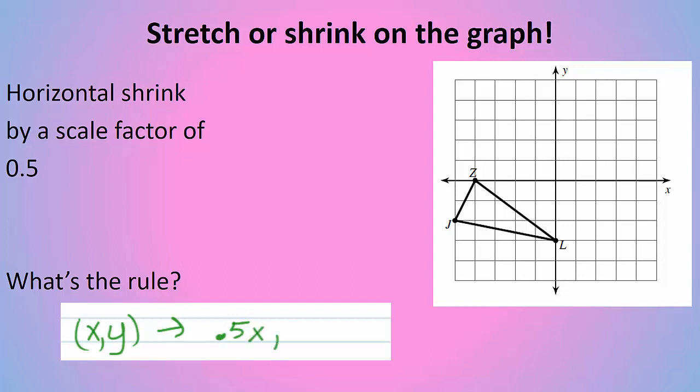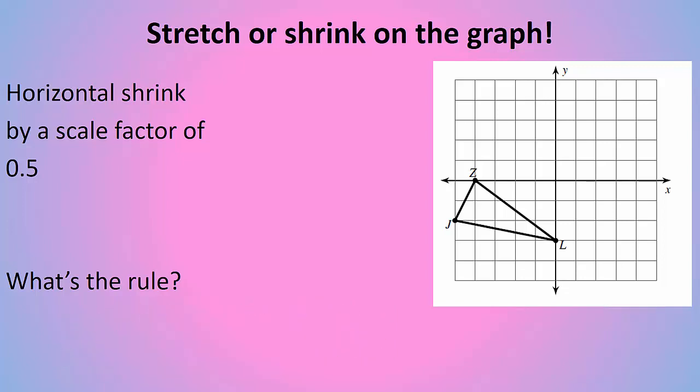Horizontal, we remember, impacts the x value only. So we can see from our ordered pair that 0.5x is going to cause my x values to get smaller. And there's no number in front of y, or the understood 1 in front of y, so my y value will stay the same.